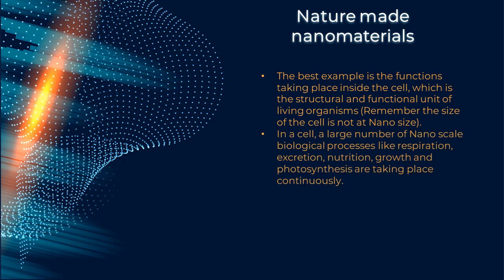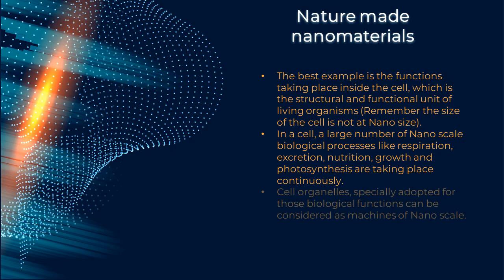In a cell, a large number of nanoscale biological processes like respiration, excretion, nutrition, growth, and photosynthesis are taking place continuously. Cell organelles specially adapted for those biological functions can be considered as machines of nanoscale.